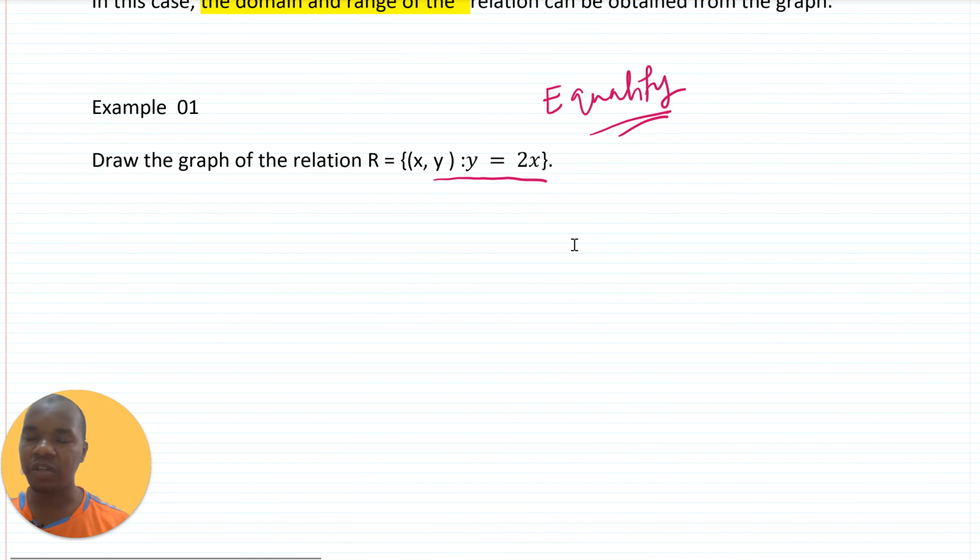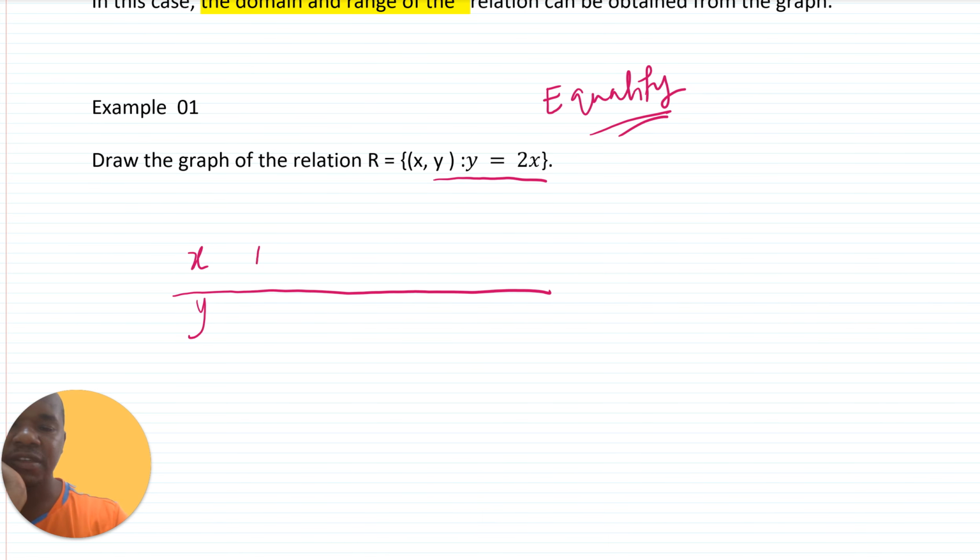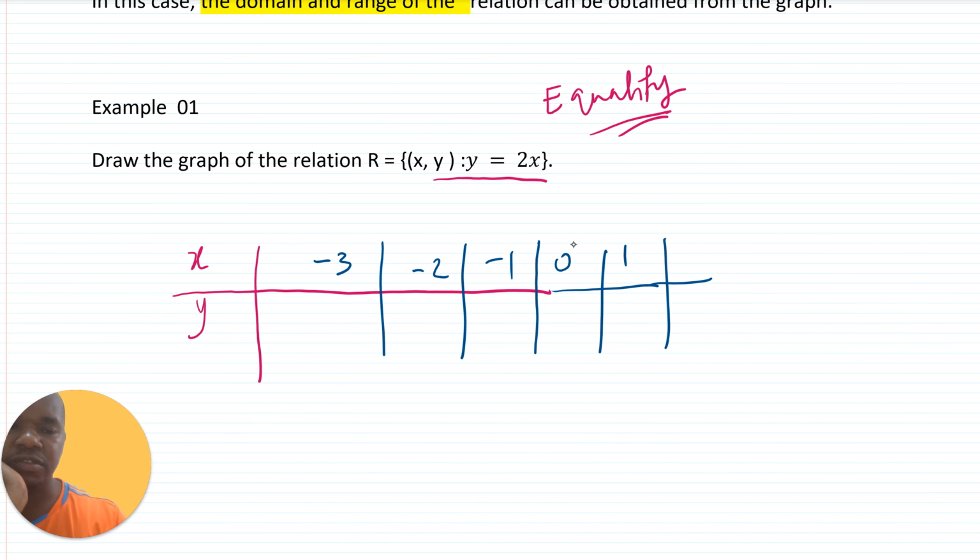You're going to use a table of values. So you'll be having x and y. With x, you can start maybe from -3, -2, -1, 0, 1, 2, then 3.